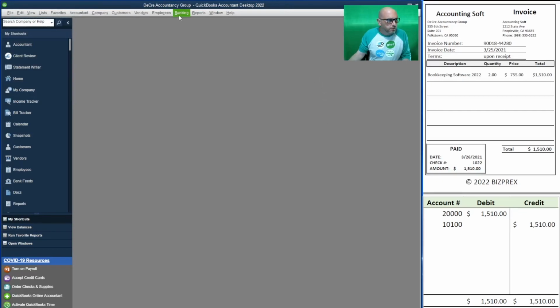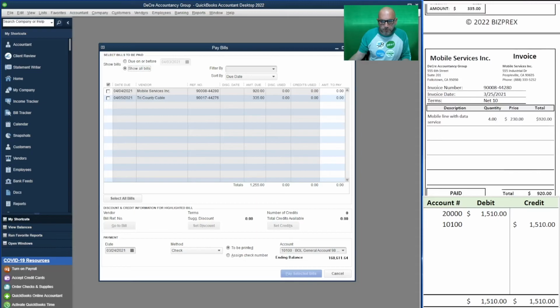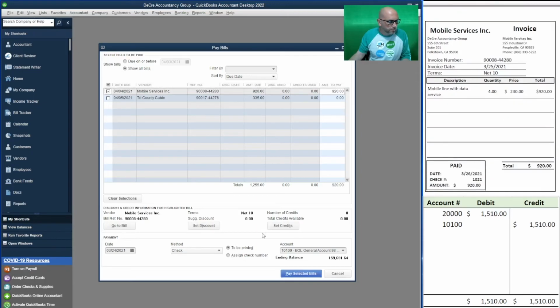All right. So let's see, more bills. Okay, bills, we have two more left, right? So here it is for mobile services. Let's clear it up. Again, to be printed versus assigned checks. Not much difference as you just saw. It's just the sequence. One prints, one assumes we already printed it.